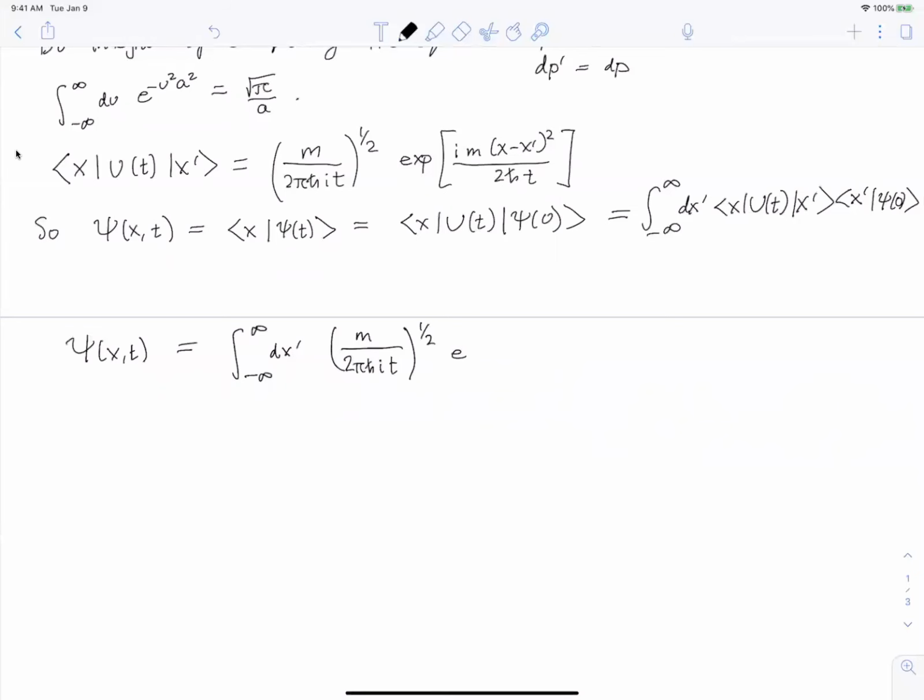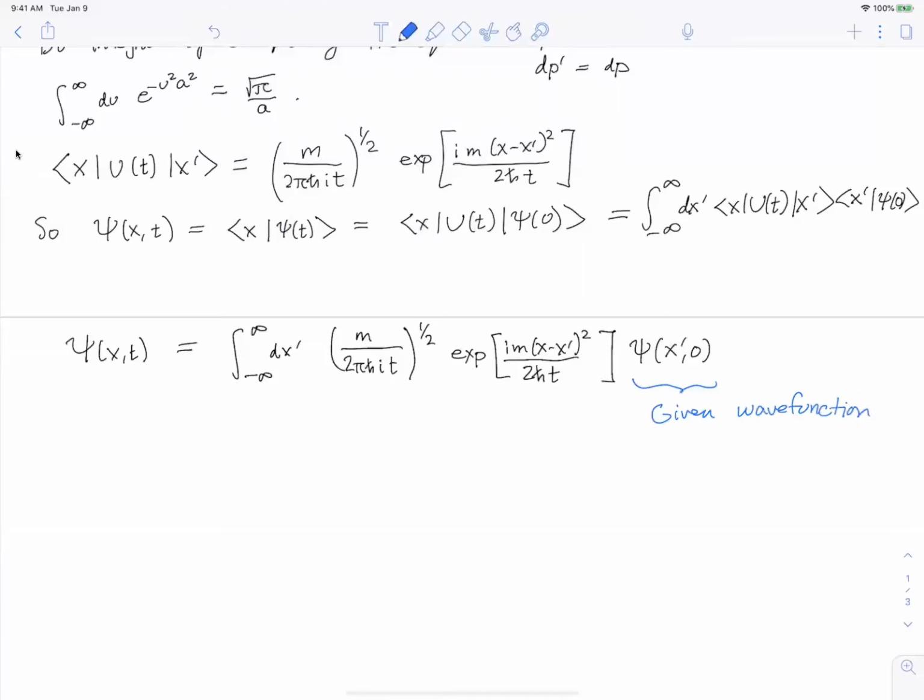There's an exponential of i m x minus x prime squared over 2 h bar t. And then there's our wave function at the initial time, psi of x prime, 0. Okay, so that's the given, this initial wave function. You assume that somebody has provided for you a wave function at time t equals 0.